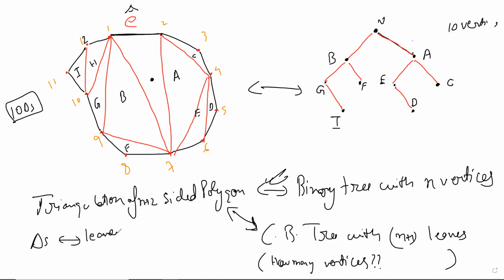If you're talking about complete binary trees, I don't actually know myself how one should connect, but the idea maybe should be that triangles should correspond to the leaves. Because there are n triangles and n plus one leaves. So triangles and leaves, maybe we have to draw a connection.